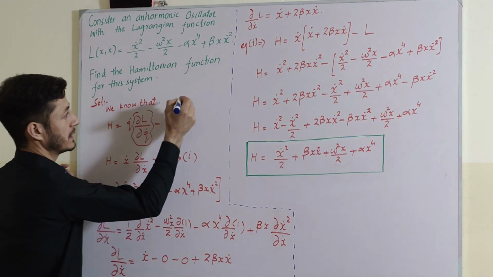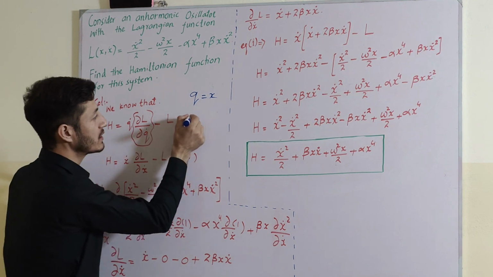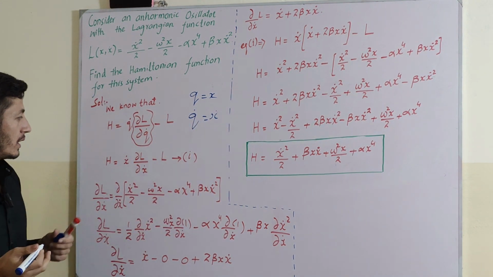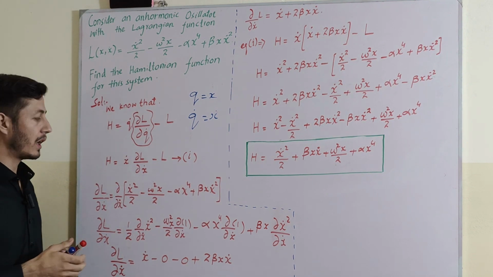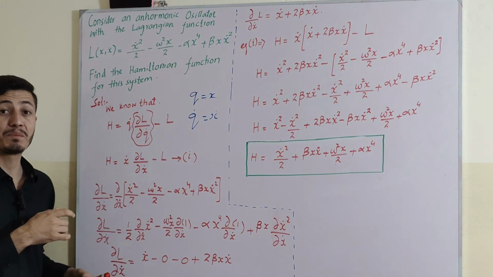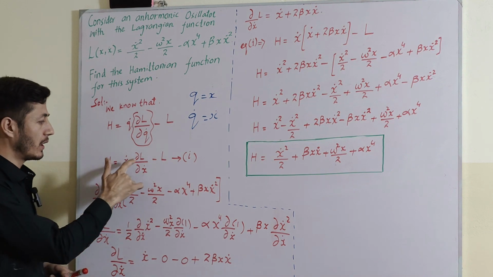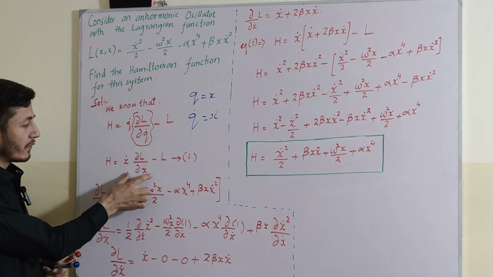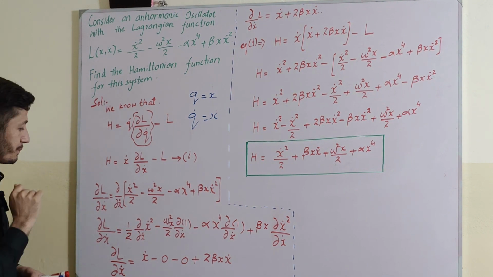So here the position coordinate q is equal to x and the velocity coordinate q dot is equal to x dot. Now by replacing q dot with x dot in the formula, it gives us the Hamiltonian is equal to the velocity coordinate, x dot, times the partial derivative with respect to the velocity coordinate of the Lagrangian, minus the Lagrangian. So first we have to find the partial derivative with respect to the velocity coordinate of the Lagrangian.